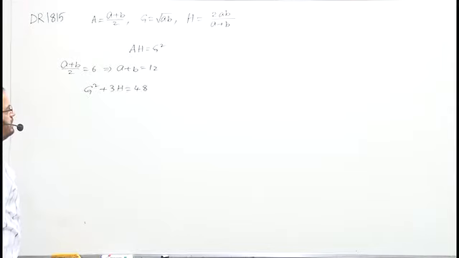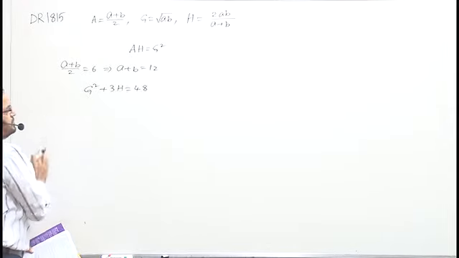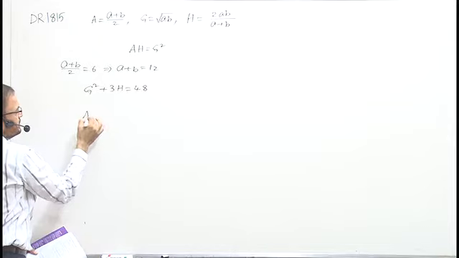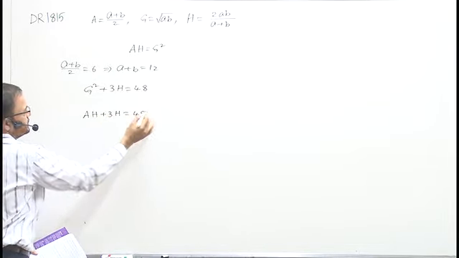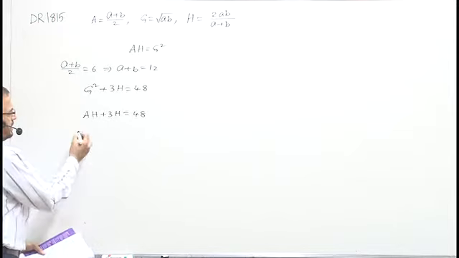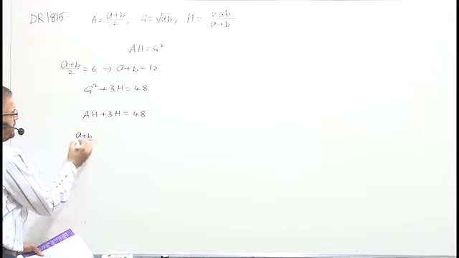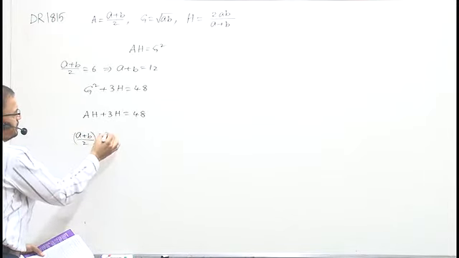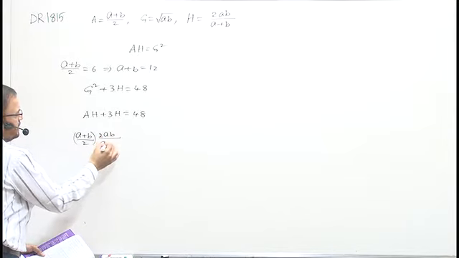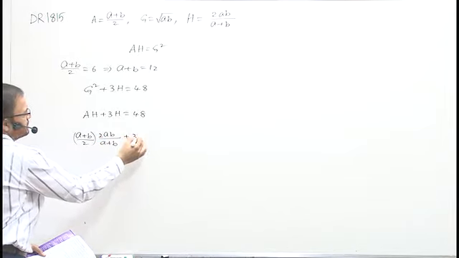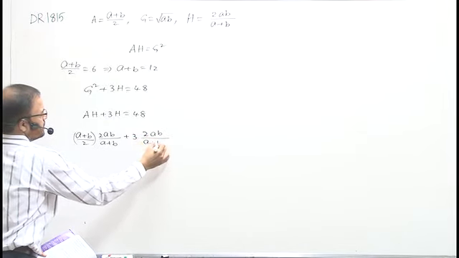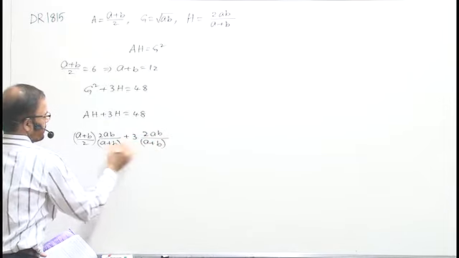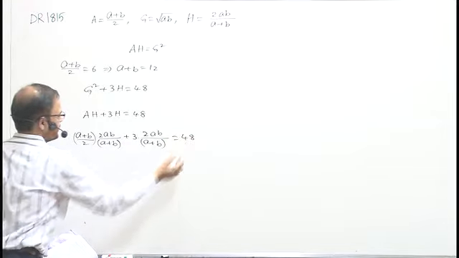Now I can say that G square I can write as AH, plus 3H is equal to 48. Now I can write here A as (A plus B) by 2. This is 2AB divided by A plus B, plus 3 into 2AB upon A plus B, that is equal to 48.